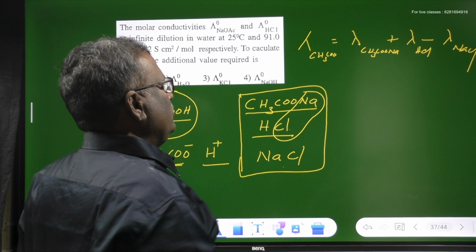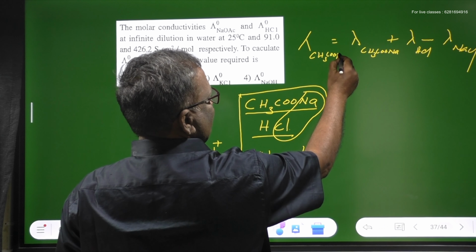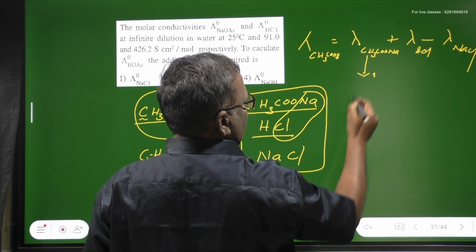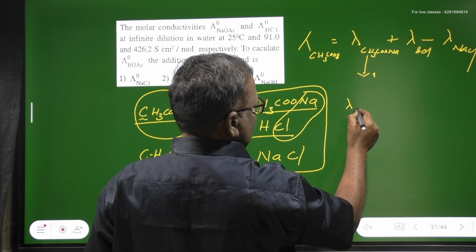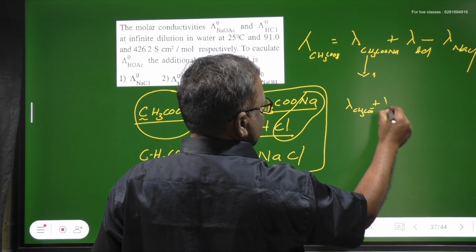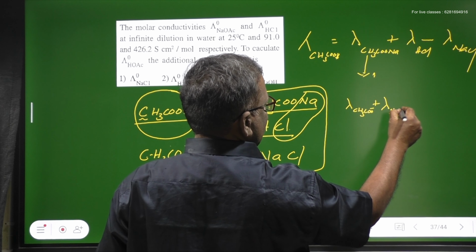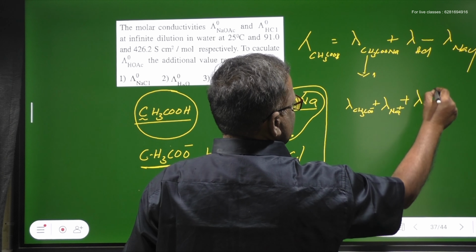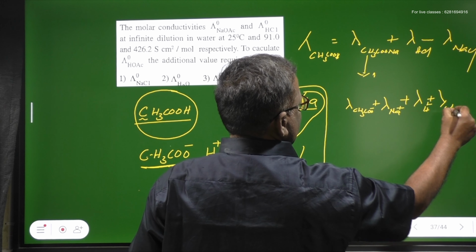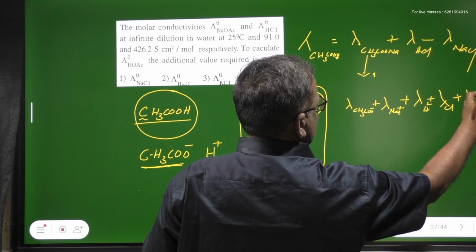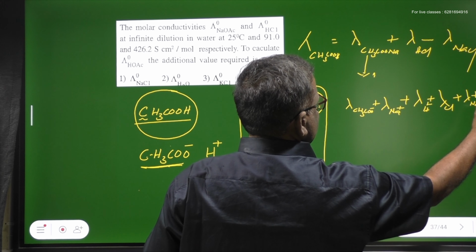By that way, you will get the limiting molar conductivity of this, because here conductivity of CH3COO minus plus conductivity of Na plus; here from HCl you have H plus Cl minus, from NaCl you have Na plus Cl minus.